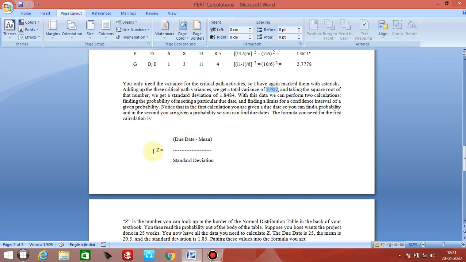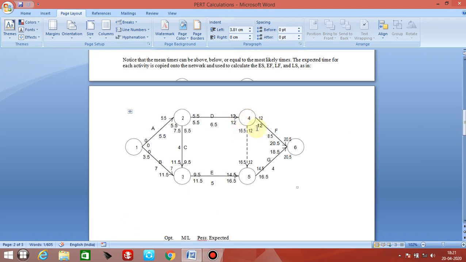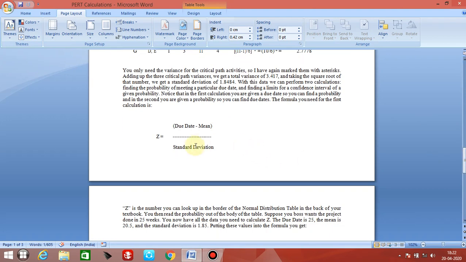Now we require the standard normal variate, that is the Z distribution. So due date minus mean date. Mean date we have already got, 20.5, divided by the standard deviation. This also we have got.